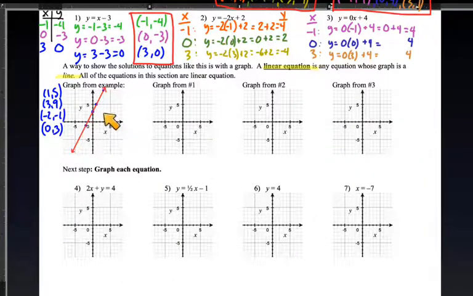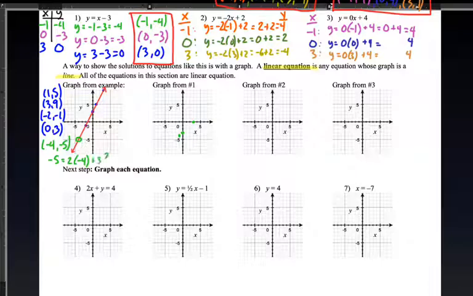And now here's the awesome thing. Those are 4 of the possible solutions, but every point on this line is a solution. So this line represents the solution for every one of these equations here. Here's one of these points, negative 4, negative 5.